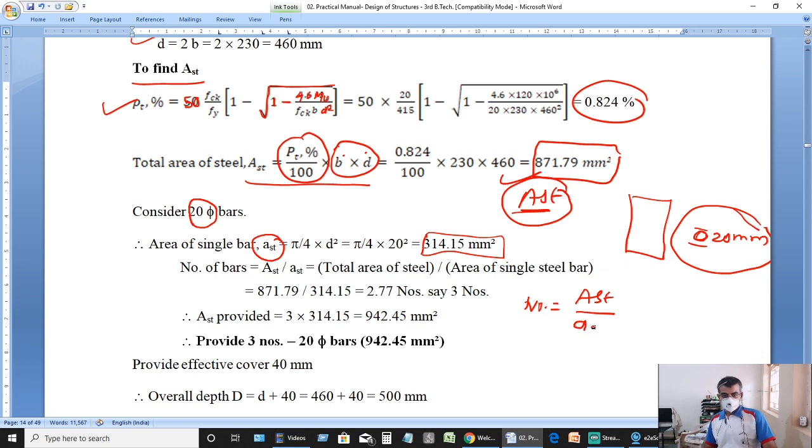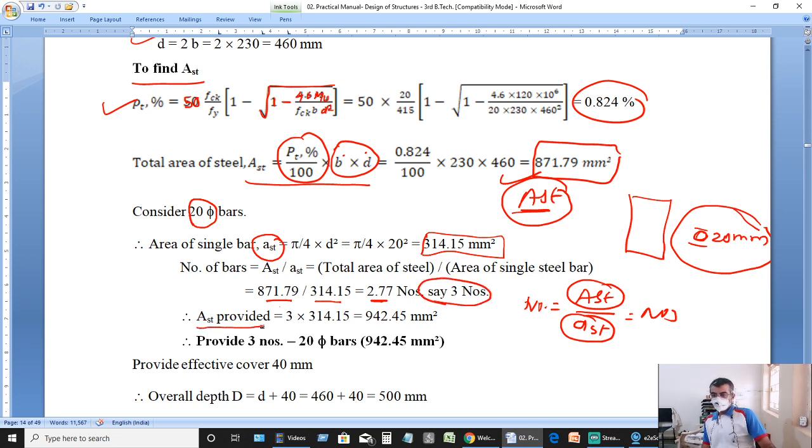So AST divided by small Ast gives 2.77. Now 2.77 is not possible, so we will provide 3 bars. So actually provided area is 3 into area of 1 bar, that is 942.45 mm square.